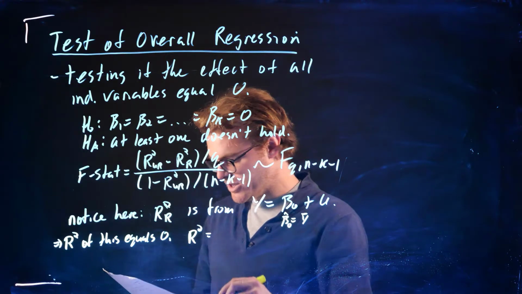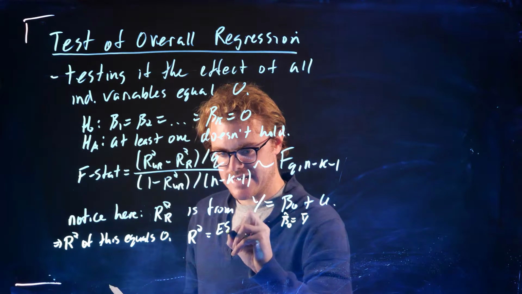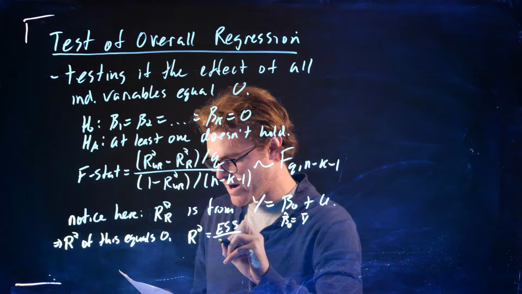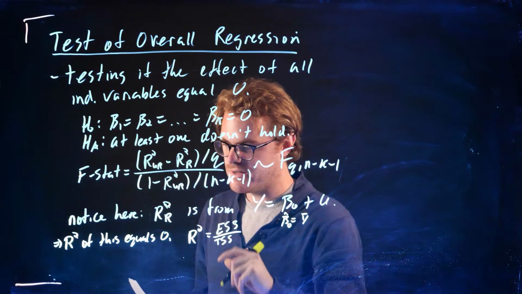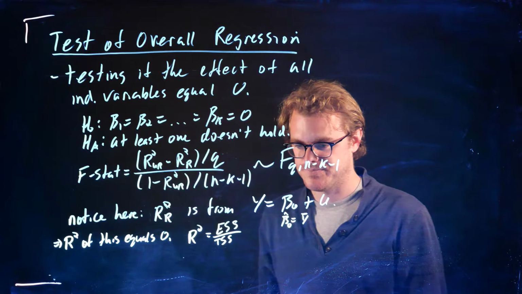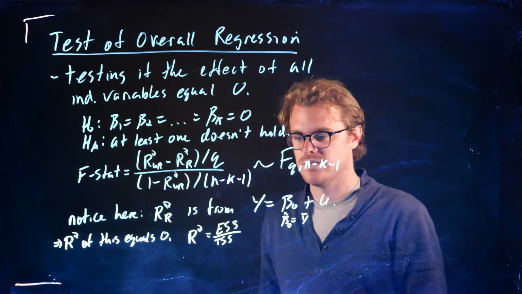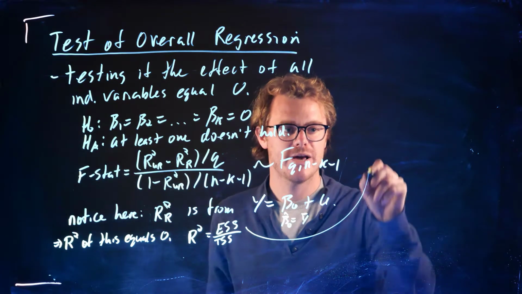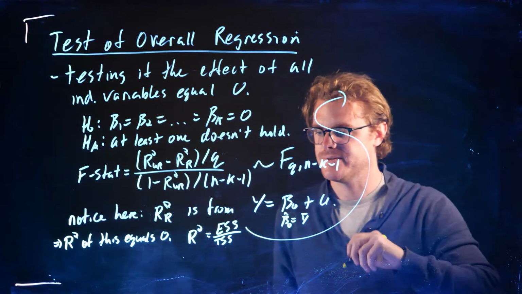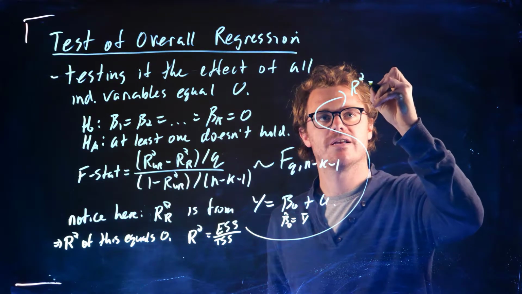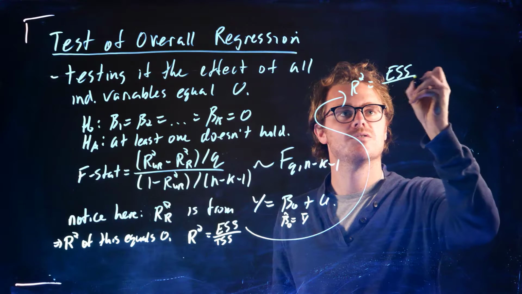So the R squared here, remember, is ESS, the explained sum of squares, over the total sum of squares, TSS or SST. Maybe I'll go way over here. Sorry if it's a little bit messy. So remember, R squared equals ESS over TSS.